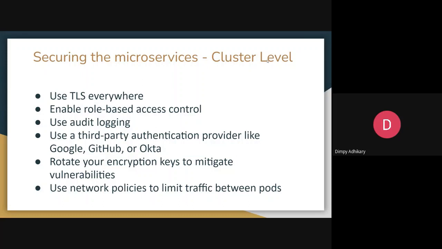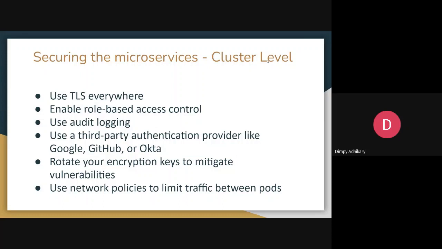Then auditing: for clusters, you will see logs, so you can always enable auditing of logs, so that if you are seeing some IPs external to your organization in the audit logs, you can block those based on that.